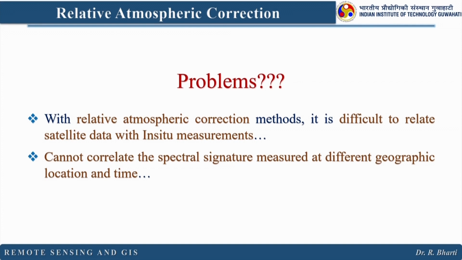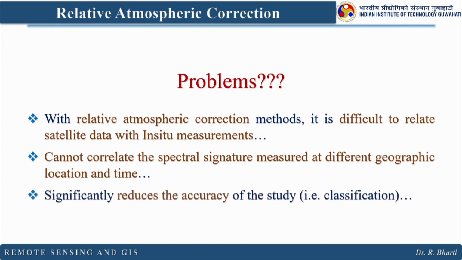So I told you reflectance and emissivity are unique values for a given material, right. So if you have measured it in IIT Guwahati campus or in your own campus, it should remain the same. So if it is not the same, that means the atmosphere or other errors are present in your data, right.